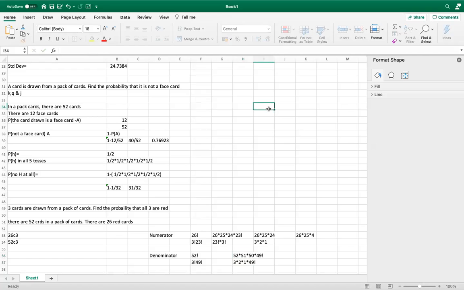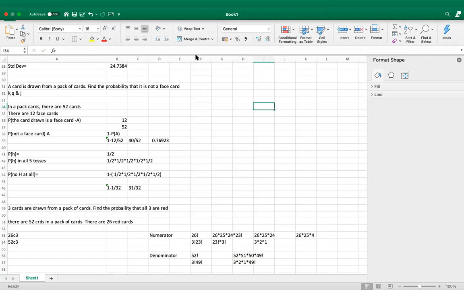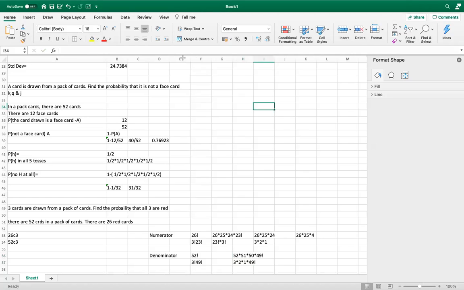So now I'm going to say 49 factorial. समझ में आ रहा है सबको?